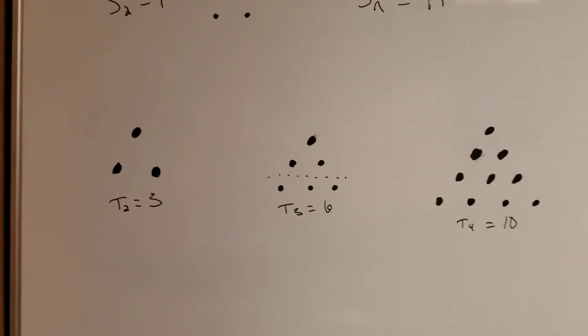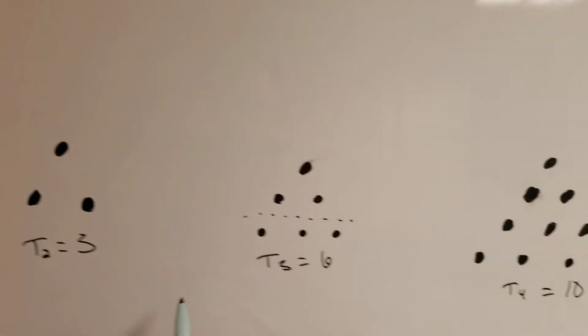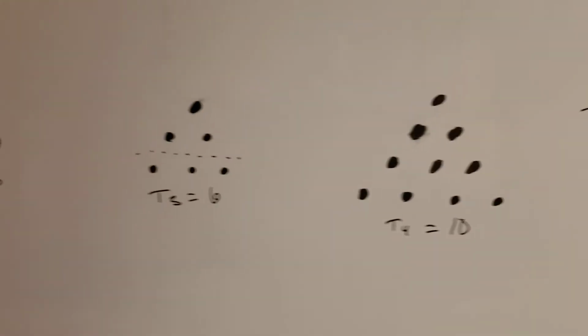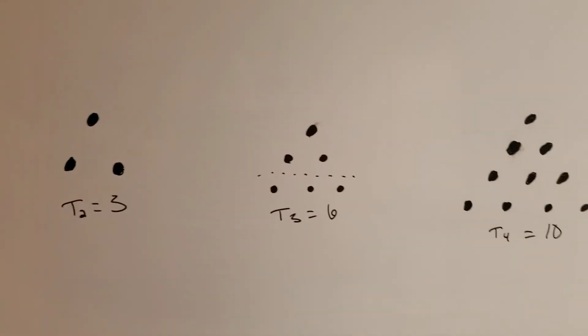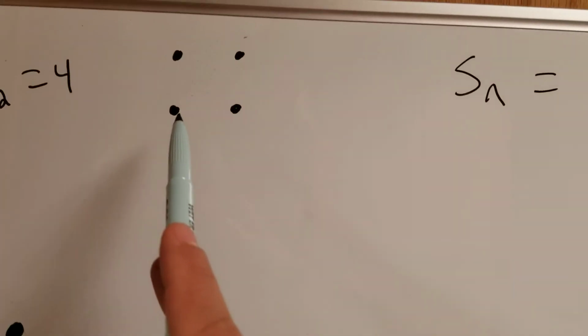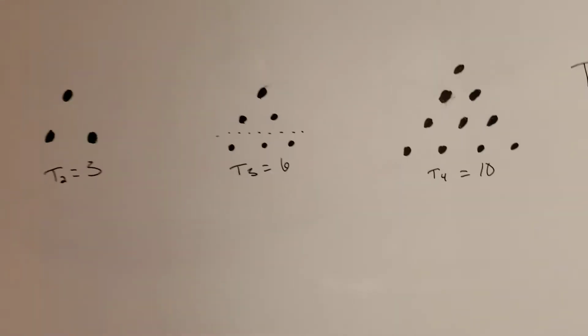Well, if I give you 2, how do you get to 3? If I give you 3, how do you get to 6, etc.? How are these numbers growing? With the squares, I just simply added an extra row and an extra column. Well, how are the triangular numbers growing?